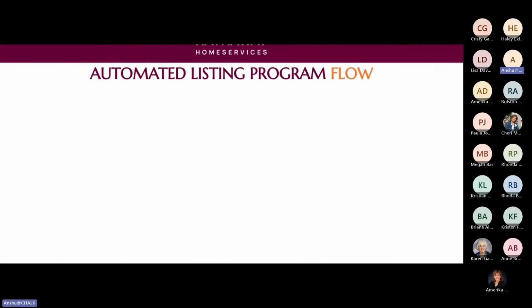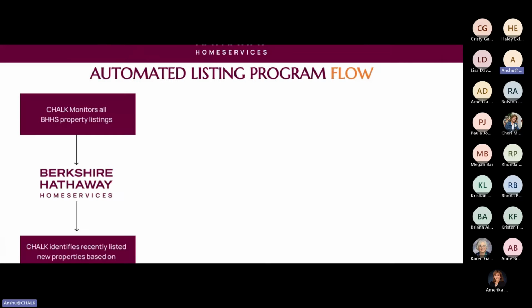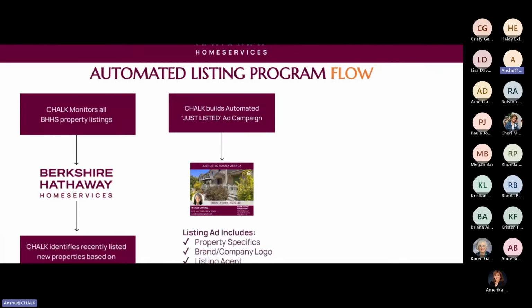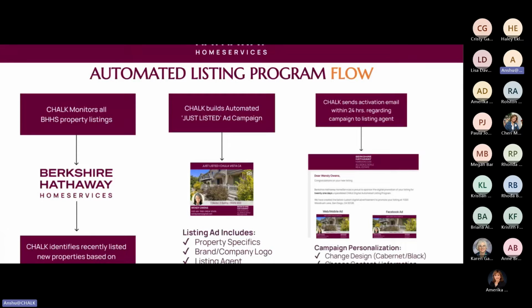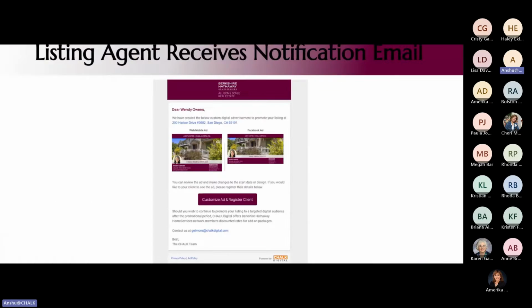Now, Chalk is monitoring all of the listings in the backend. As soon as a listing goes active, that is the status changes to active, an ad is automatically created in the backend, and then you, the listing agent, receive an email congratulating you on the listing and telling you that an ad is going to go live for this listing in the next 24 hours, and you have the option to change the look and feel of the listing.